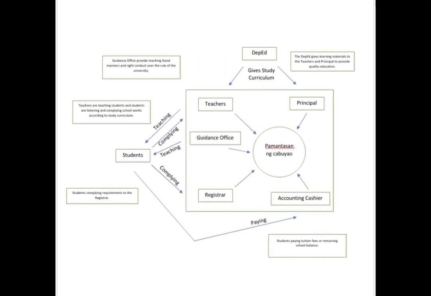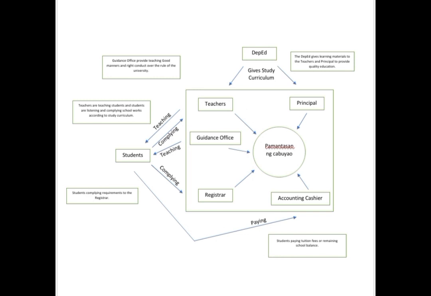So, I'm going to present a summary ng system diagram ng pamantasan ng Kabuyaw. So, as shown on the video presentation, makikita natin yung students with the arrow to teachers by complying. Siyempre, yun yung ibig sabihin nun, the teachers are teaching students and the students are listening and complying schoolworks according to the study curriculum.